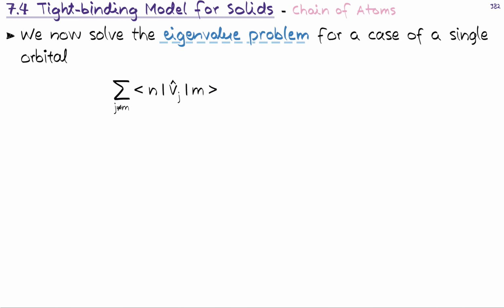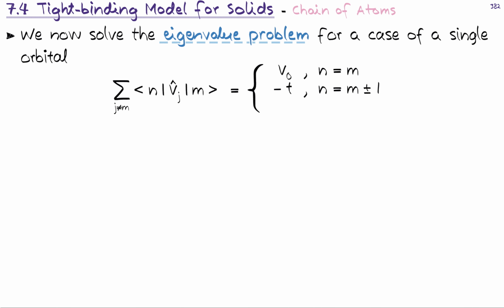And now we assume, and this is often made, that we simplify this operator and summation. So we assume that for the case of n equals m, the operator is simply V naught. And for the case when n is m plus 1 or minus 1, the operator is equal to minus t.